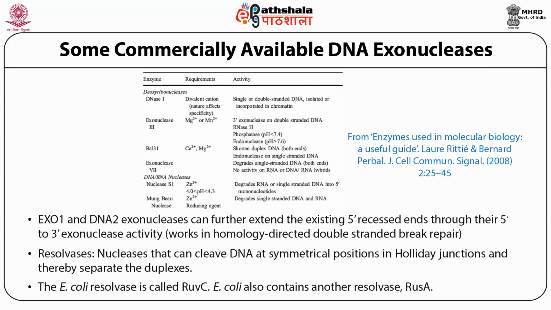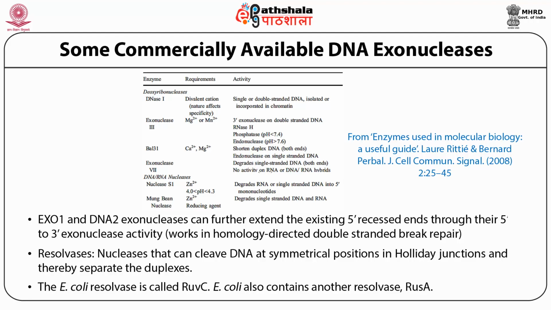This slide gives you an overview of different kinds of exonucleases known. For example, the top one, as you see, is DNase 1. It requires divalent cations, and based upon the cation present, its activity may differ on single or double stranded DNA. Then there is exonuclease 3 that requires magnesium.